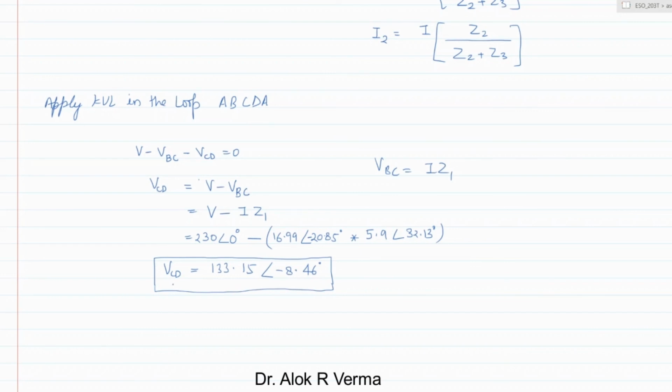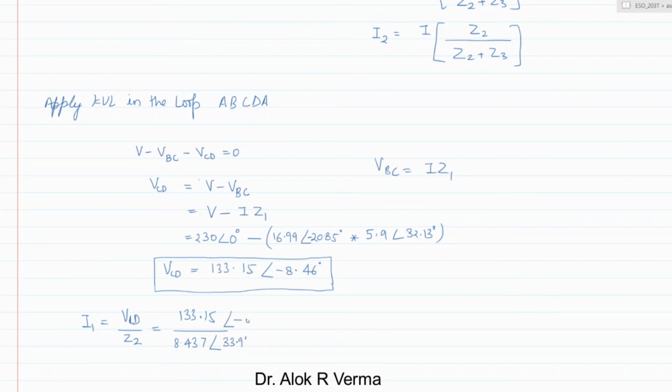So V_CD is basically the drop across the branches Z2 and Z3. Now from here you can find I1 using Ohm's law. I1 is nothing but V_CD by Z2, which is 133.15 angle of minus 8.46 divided by Z2, 8.437 angle of 33.9.